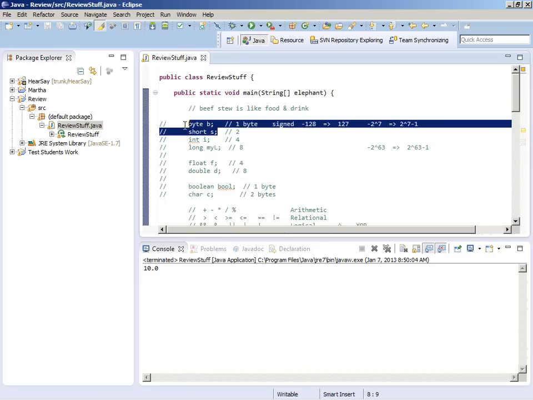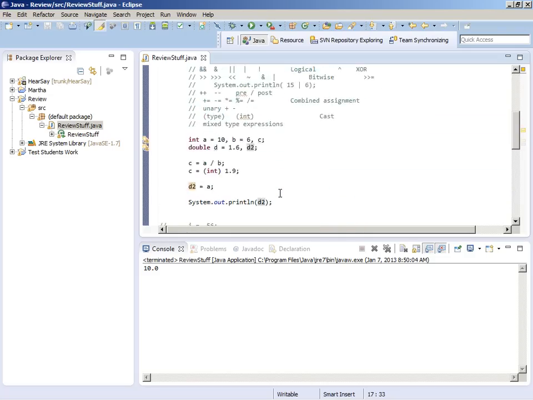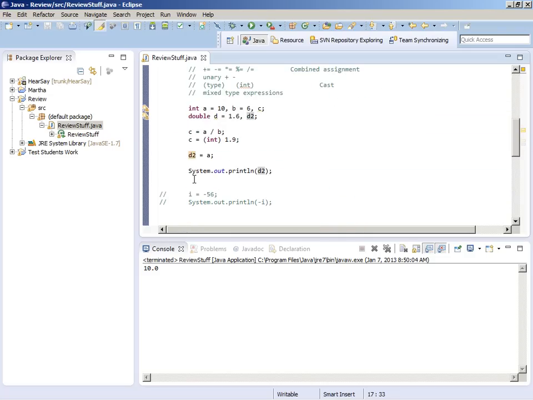Let's talk about arithmetic operators using byte and short. And I'm going to delay that one until I finish what I started up here.